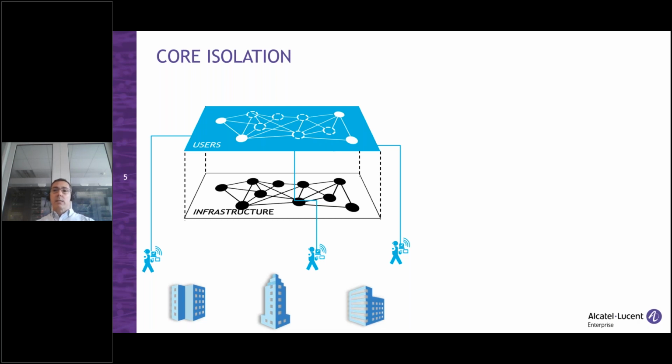It is also isolated from service configuration changes because services are delivered from the edge and traffic is simply tunneled across the core. So that is why on the light blue user traffic plane, the core nodes are transparent and they are drawn in dotted line because those services do not need to be configured on the core nodes, only on the edge nodes.